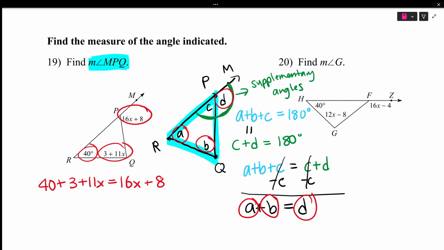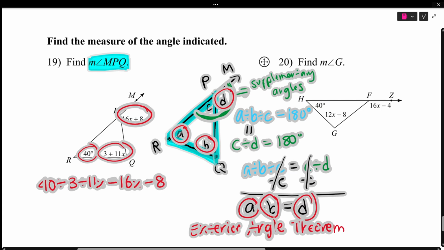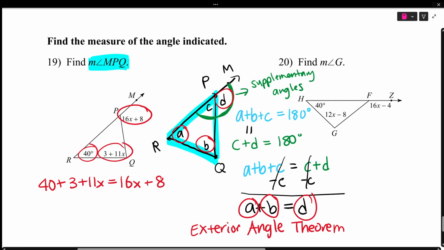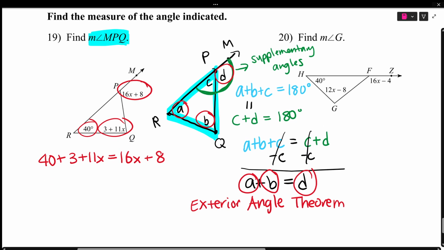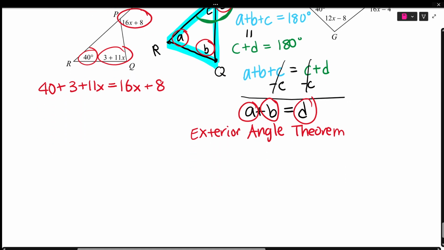This is called the exterior angle theorem. Okay? So clearly the 16x plus 8 is on the outside of the triangle, right? So that's what it's saying. Exterior angle theorem: the exterior angle is equal to the sum of the two inside ones.